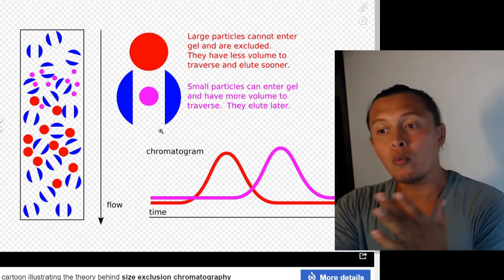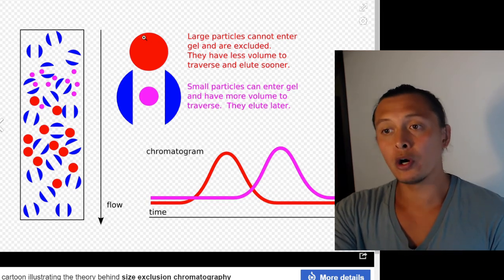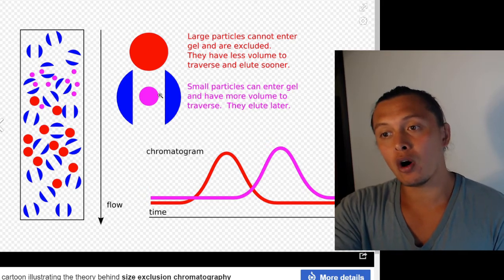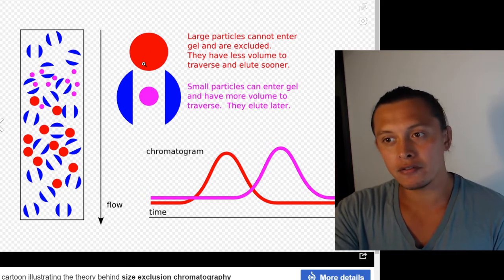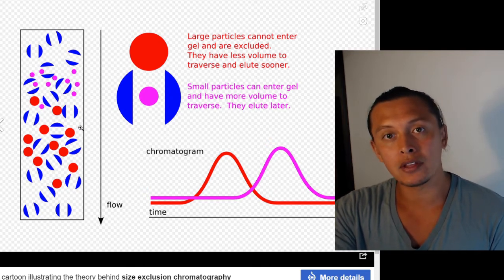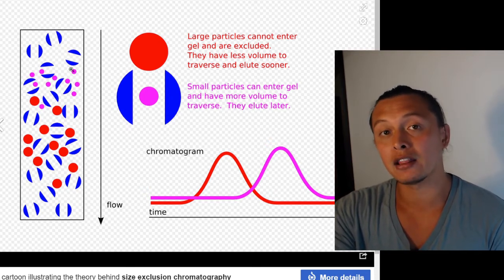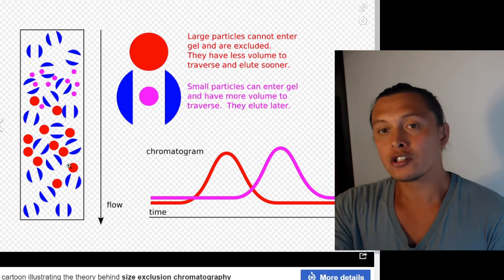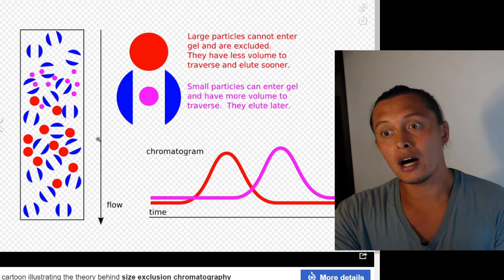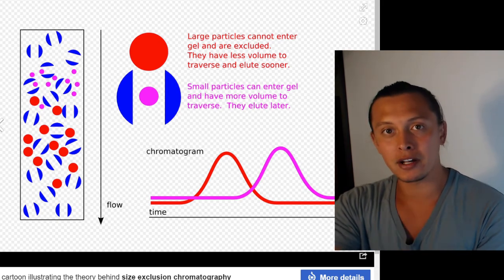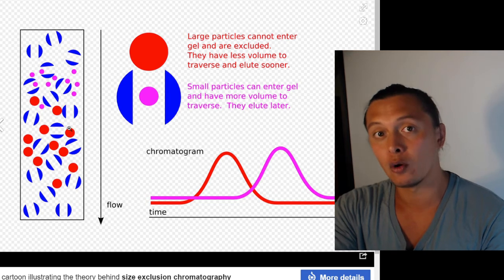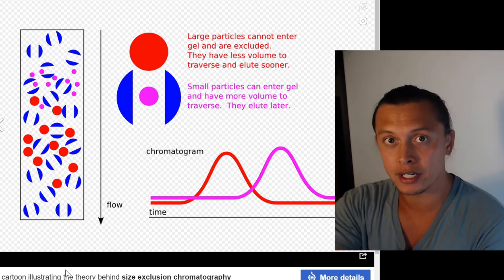Here we can see an example where larger molecules don't go into all of these little nooks and crannies of these size exclusion particles, and in fact they just flow around them, and therefore they actually have less distance to travel. So here Brownian motion is still playing a very important role, and on top of that there is also going to be the directional flow of the fluid itself.